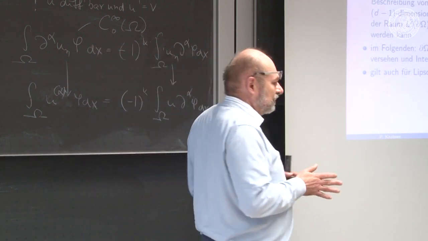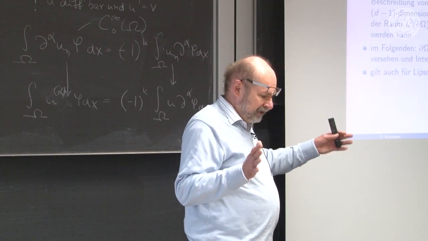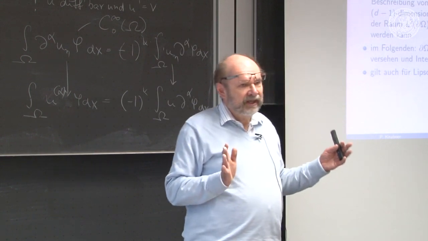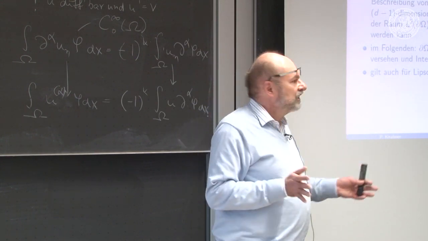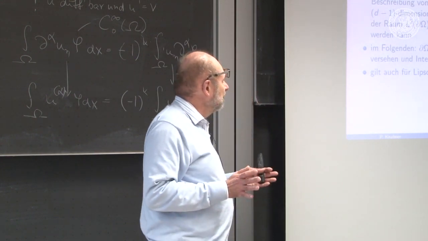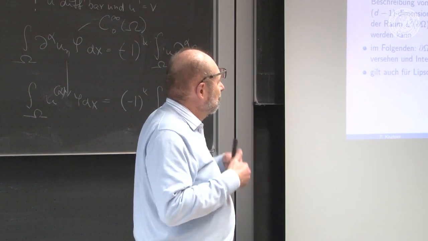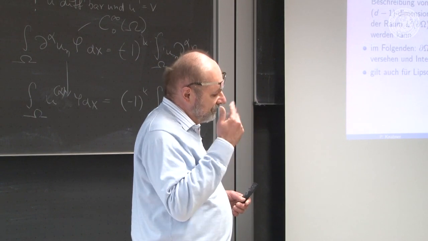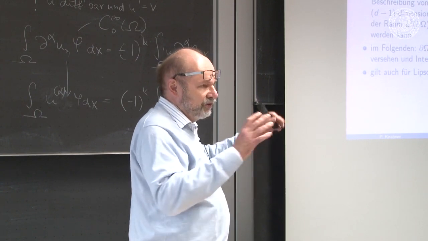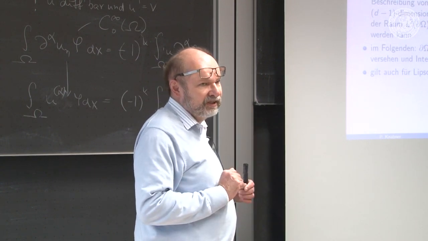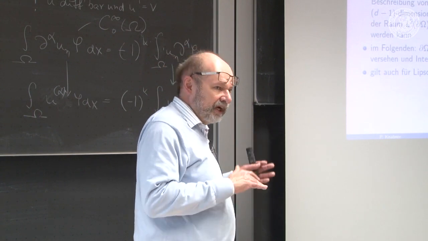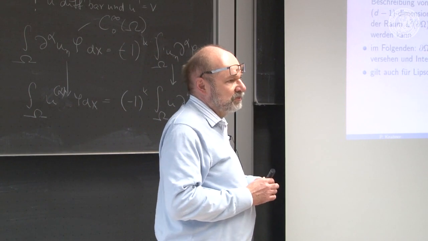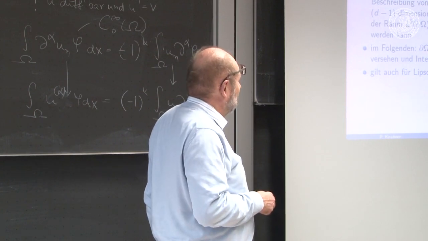And on the basis of this finite sequence of mappings, we can introduce a d-1 dimensional measure, which corresponds then to the Lebesgue measure. It's sometimes also called the Hausdorff measure. And in this sense, we can also speak of L2 functions on the boundary.